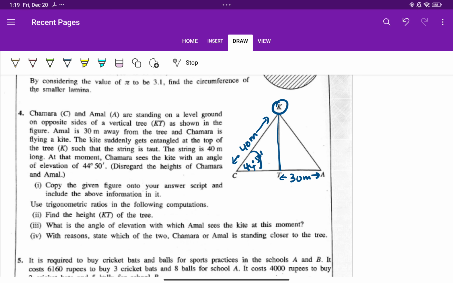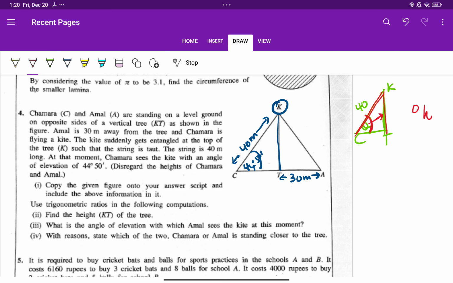The second part of the question asks us to find the height of the tree KT. If I draw this KCT triangle, we know this angle, that's 44 degrees 50 minutes, and we know this length, 40. So we can easily find the KT distance. This is the opposite side for this angle, and we have a known side, the hypotenuse.